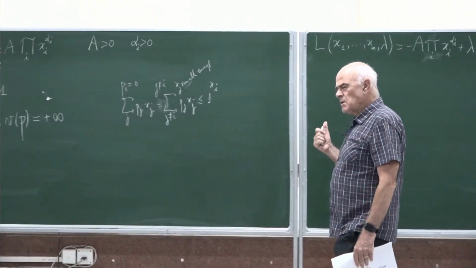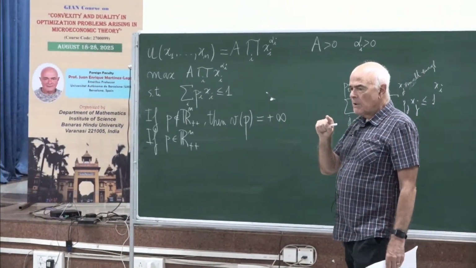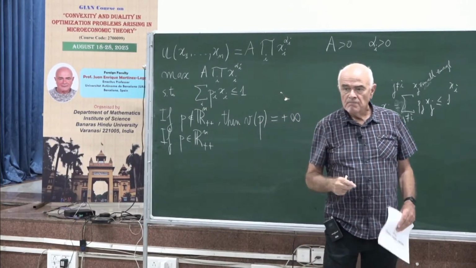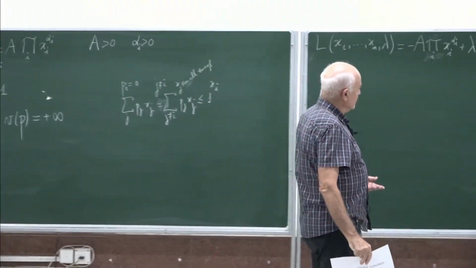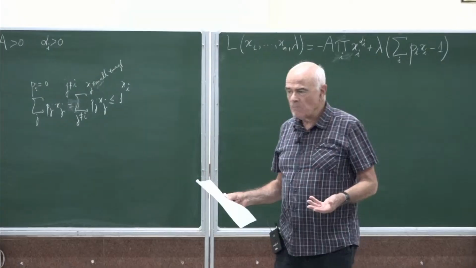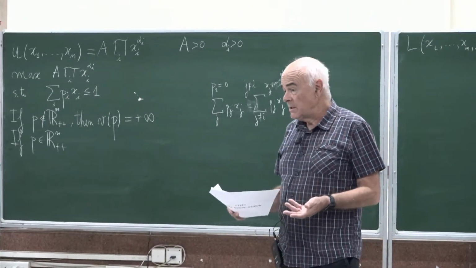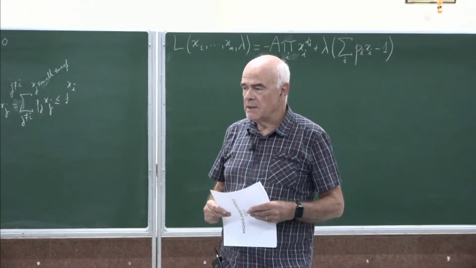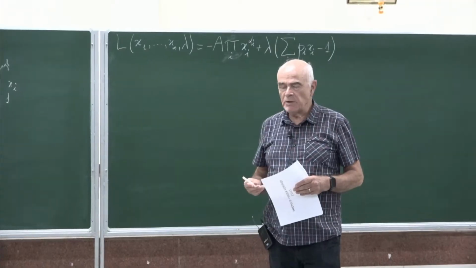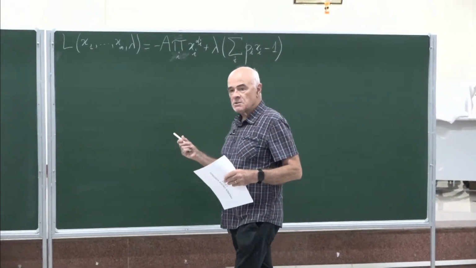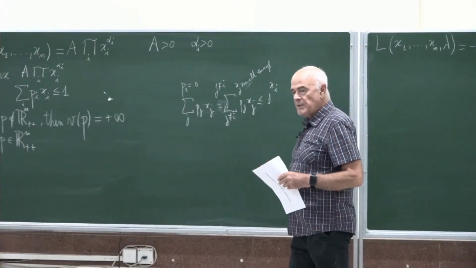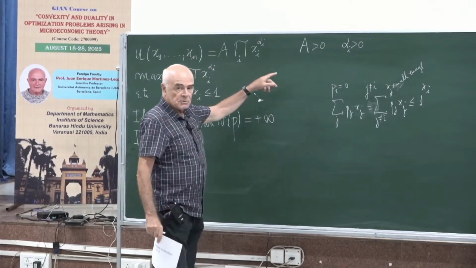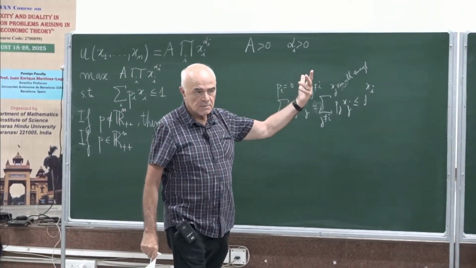I think you didn't mention yesterday any regularity condition because you were only considering the Fritz-John condition, but because you are in convexity, you will tell us about the Slater condition, which is very simple. Here it is not the Slater, but the linear independence constraint qualification, which in the case of just one constraint means that the gradient does not vanish. And of course, the gradient of this function never vanishes in the positive orthant.